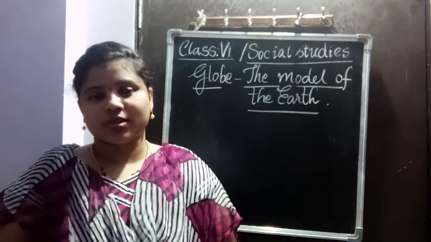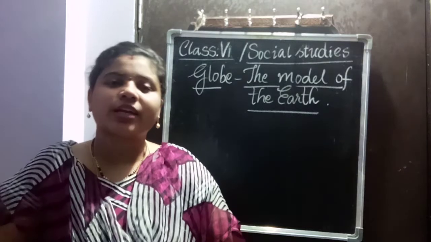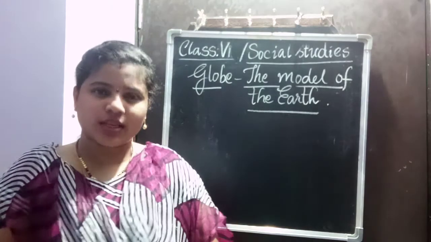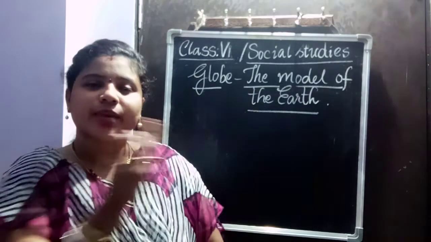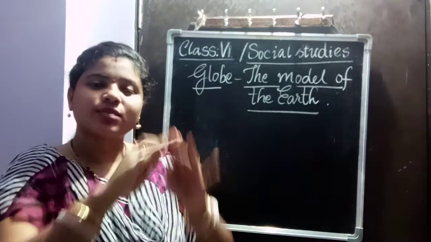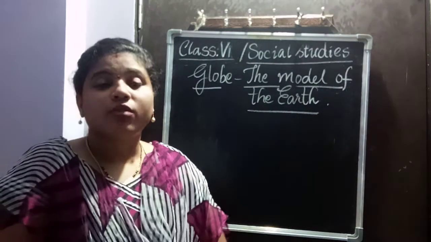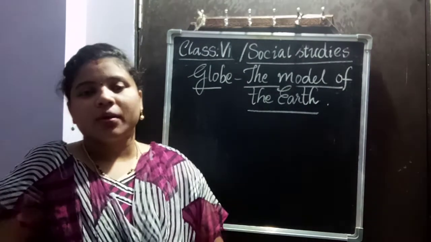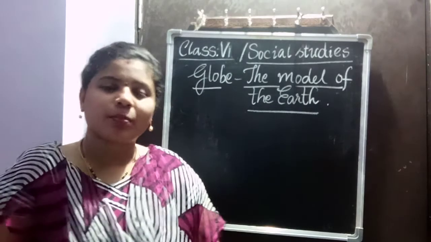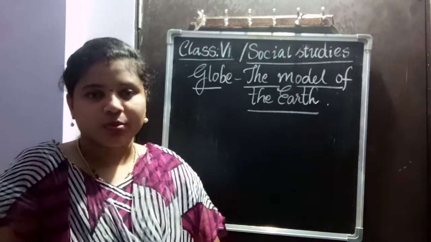A globe is three-dimensional, where we see it has length, it has breadth as well as volume. Now, we might have seen the globe placed on the table in schools, colleges or stationery shops, isn't it?